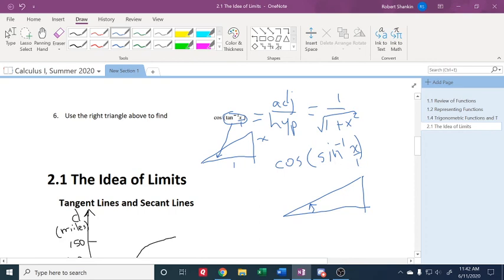Sine is opposite over hypotenuse, so it would go like this time: x over 1, the 1 being the hypotenuse and the x being the opposite. Then we'd have to figure out what this side was by the Pythagorean theorem. Once you figure out what goes here, it would be that thing divided by that, because cosine is adjacent over hypotenuse.